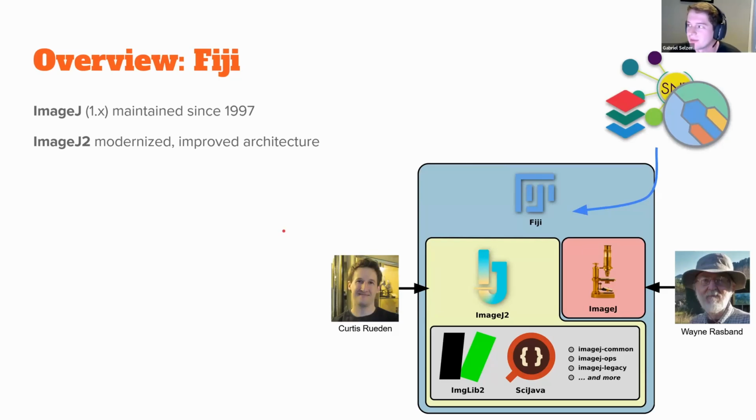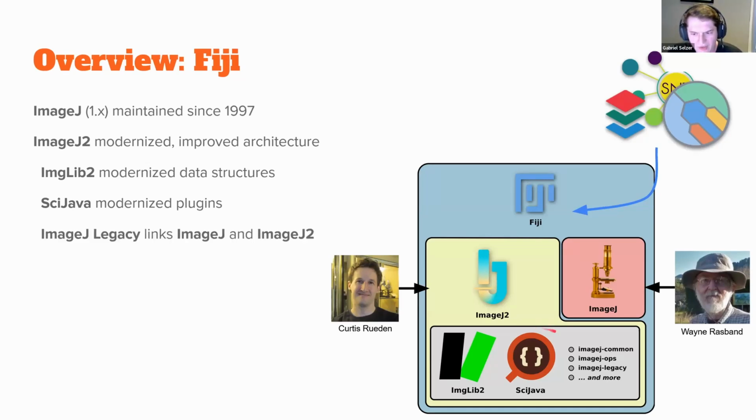ImageJ2 tried to modernize and improve the architecture over the original ImageJ, and included ImgLib2, which provided a modernized data structure that was able to handle many more situations than the original ImageJ data structures. It also included the SciJava library, which modernized the plugin architecture. And then it finally includes the ImageJ Legacy library, which links the two together so they can talk to each other.